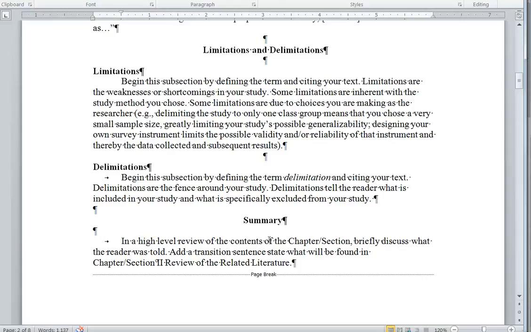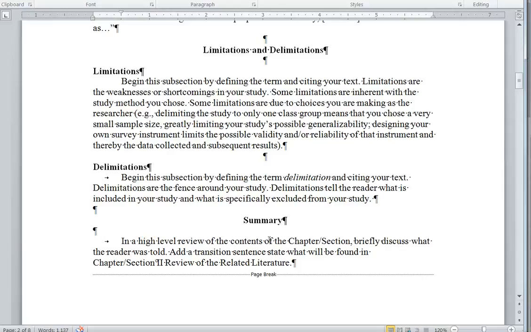So those would be limitations. You could expand your study and make it more generalizable in the quantitative paradigm, or there might be limits on your instrument and its validity or reliability.